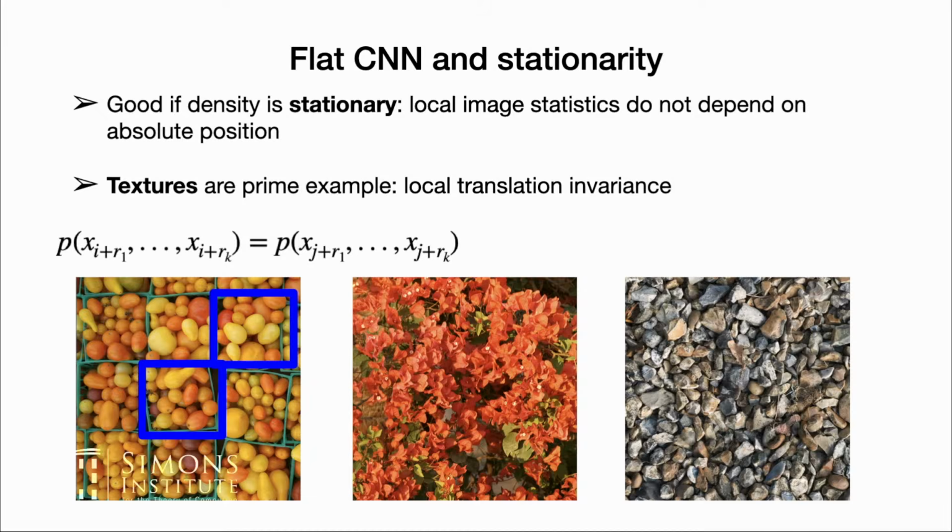So this is great, this is perfect if your underlying density is aligned with that, right? In vision, textures are great examples of this because they have the stationarity property, right? So the statistics of the image when you go from one neighborhood to another for a certain shift doesn't change.